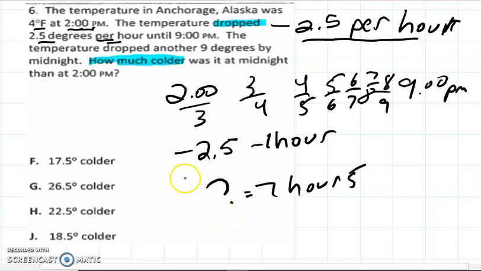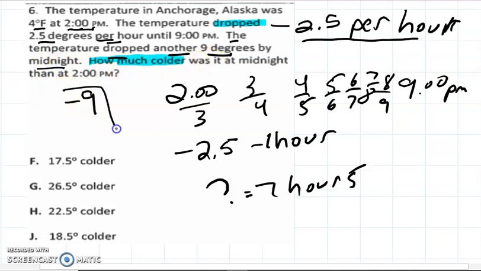Every hour is 2.5. Well, 7 hours later, how many degrees did it drop? Once you find that answer, then it tells you the temperature dropped another 9 degrees. So that means it went down negative 9. It went down 9 more. And so then you'll find out what the temperature is at midnight.